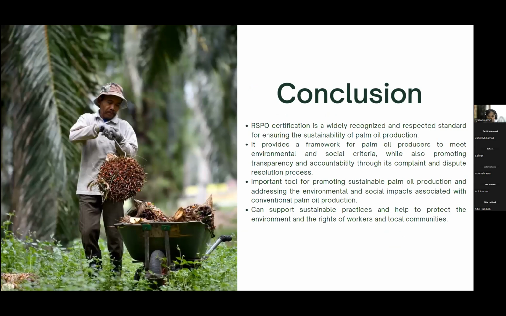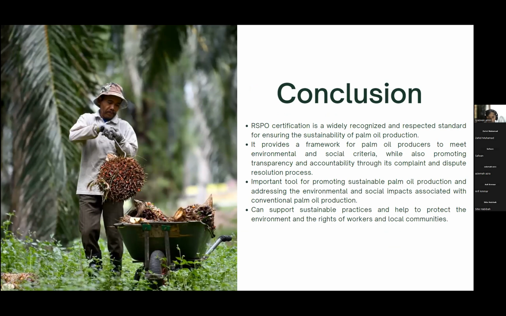For the conclusion, RSPO certification is a widely recognized and respected standard for ensuring the sustainability of palm oil production. It provides a framework for palm oil producers to meet environmental and social criteria while also promoting transparency and accountability through its complaint and dispute resolution process.